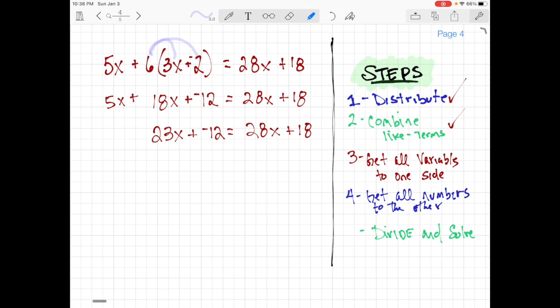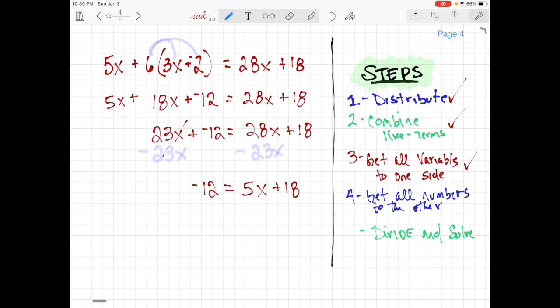So the way I'm going to do that is I'm going to subtract 23x from both sides. So 23x minus 23x, that cancels out, leaves us with negative 12. And then 28 minus 23 leaves us with 5x. And I'm going to bring down this plus 18.